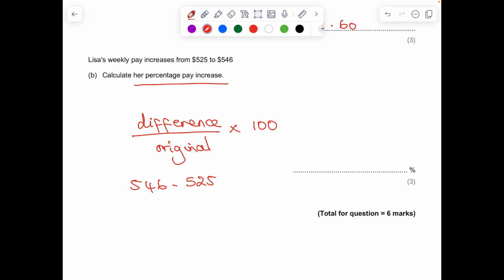I'm going to do that on my calculator. Of course, it's 21. And then we do 21 divided by the original. So remember, it increases from 525. That is the original, how much she was getting paid. So we do 21 divided by 525. And then we times by 100. And that gives us 4%.